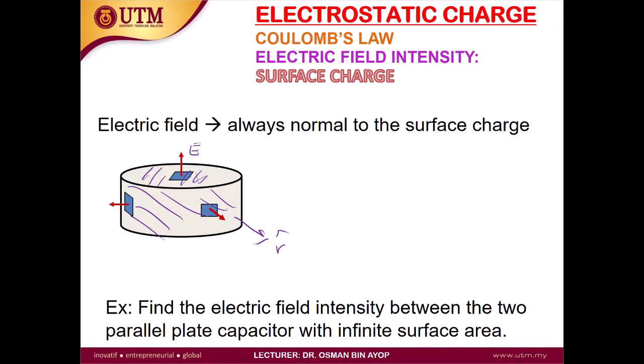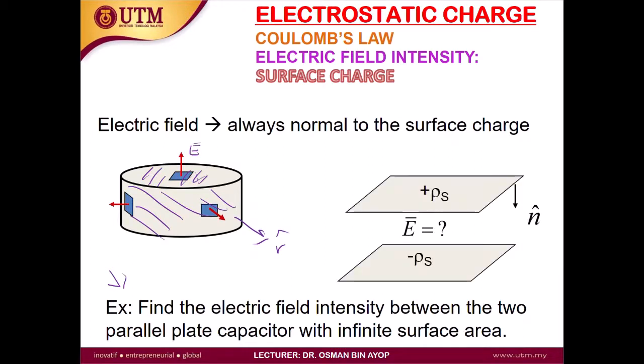And then here, for example, find the electric field intensity between the two parallel plate capacitor with infinite surface area. So this one you can do the derivation. Because for the capacitor, normally we have the positive charge at one of the surfaces, and the opposite surface will have the opposite charge.